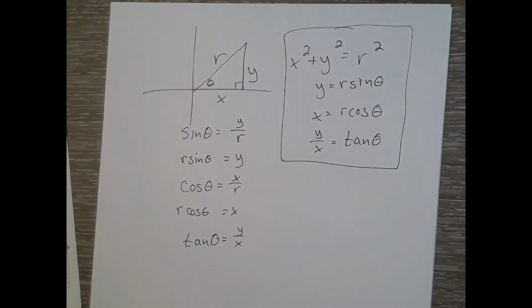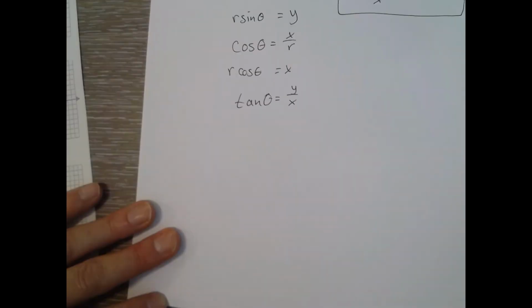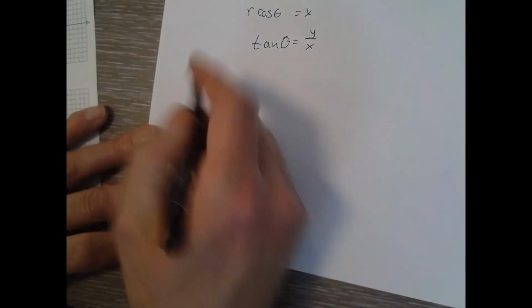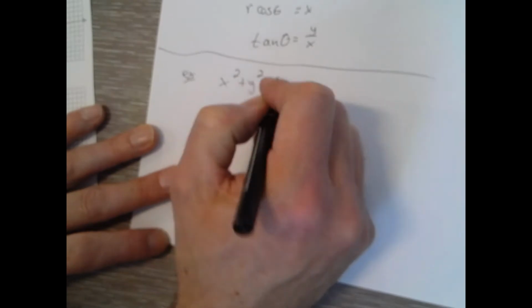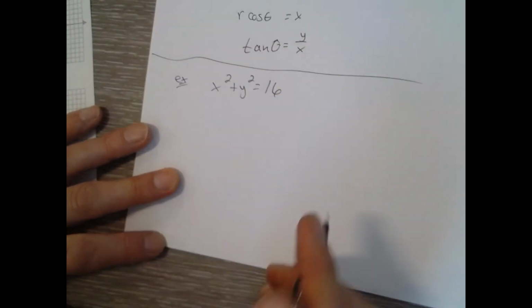So, as an example, what if you have x squared plus y squared equals 16?